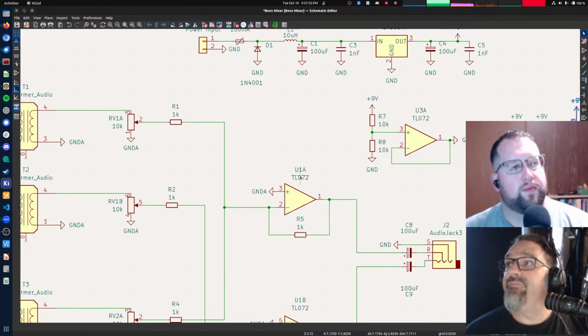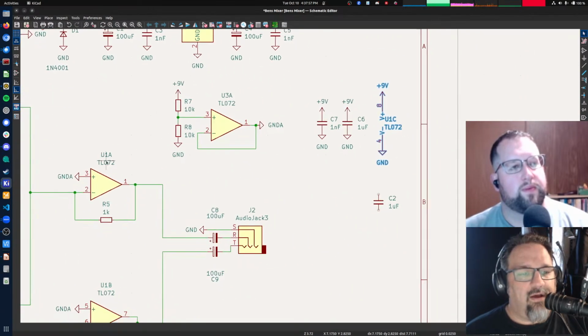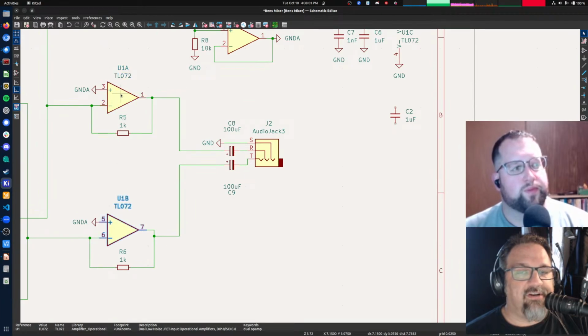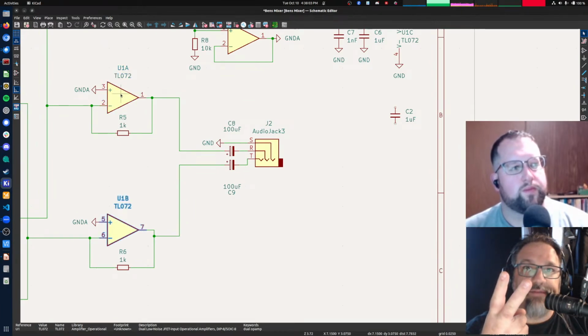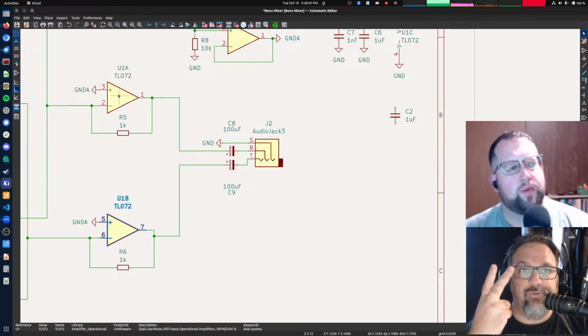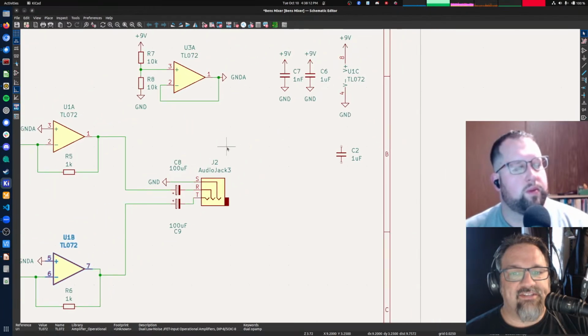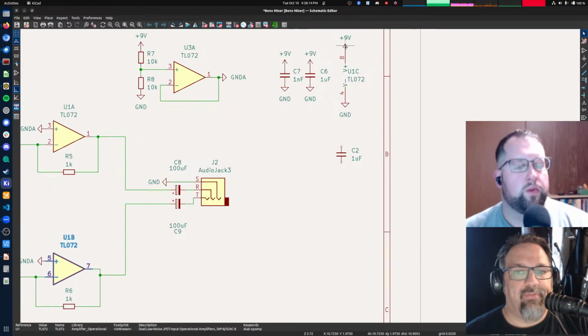U1 is the... am I drawing under my head? I am. U1A and U1B, there's a single chip that has 2 op amps inside of it. So it's one chip with 2 logical circuits inside of it. And then that single chip also has power pins.